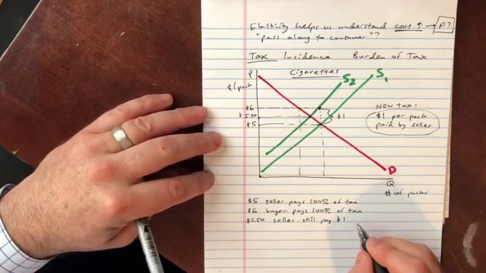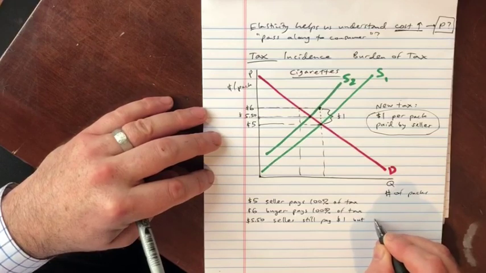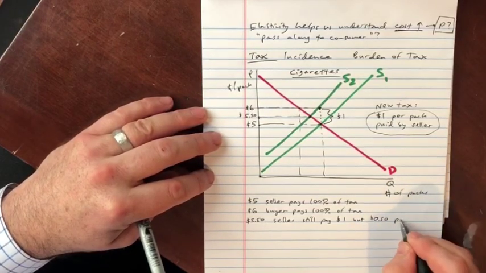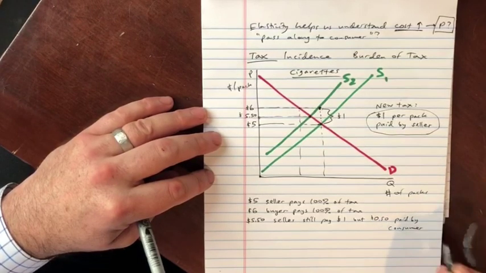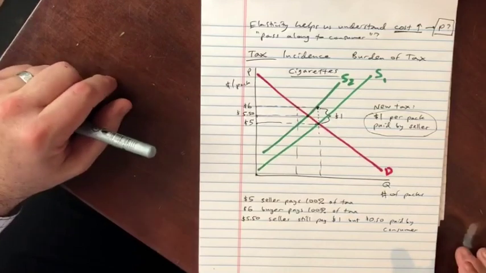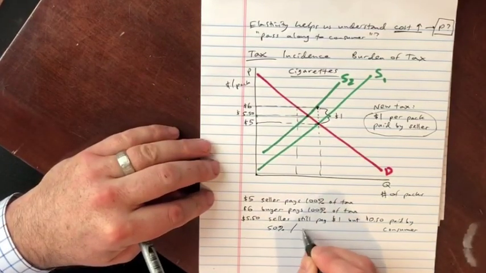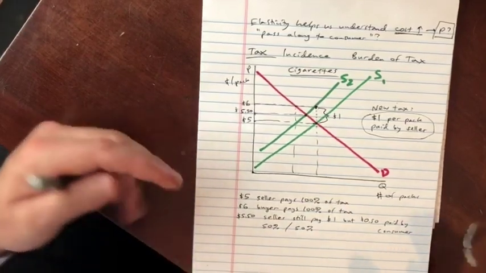They still pay $1, but the price has gone up. 50 cents of that dollar is paid by the consumer, right? Because there's a bit of price increase. So now the two, they're at 50-50, right? And that is much more common.